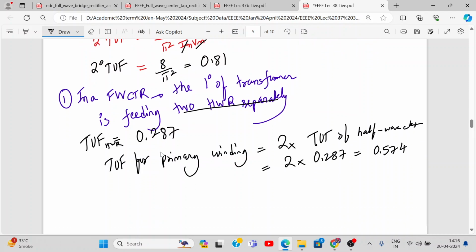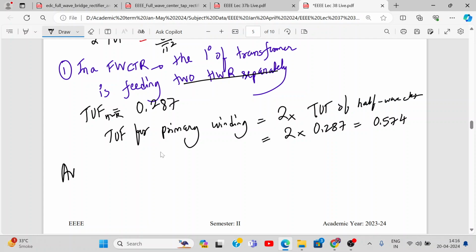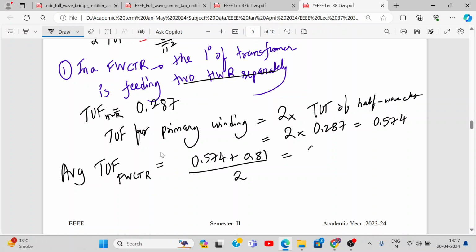Which will be 0.574. And now we calculate the average value of TUF for a full wave center tap rectifier. It will be TUF for the primary winding 0.574 plus for the secondary winding 0.81, divided by 2. So this average value is 0.693.